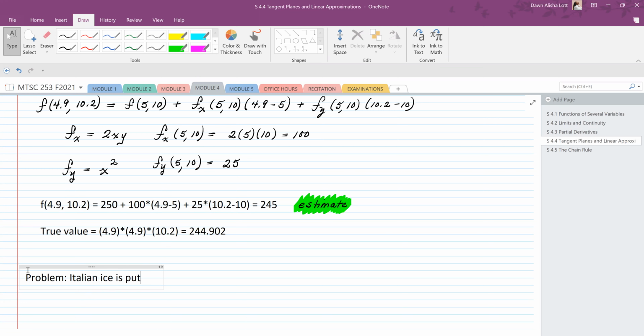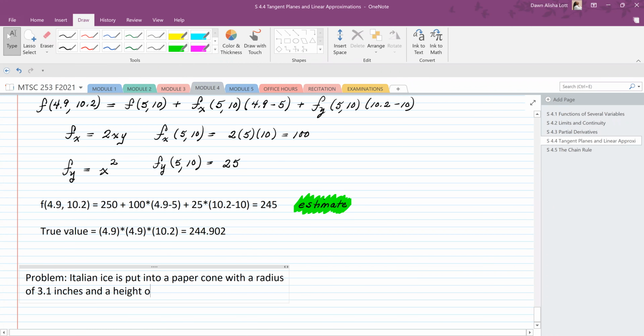Italian ice is put into a paper cone with a radius of 3.1 inches and a height of 4.9 inches. Approximate the volume of the ice.